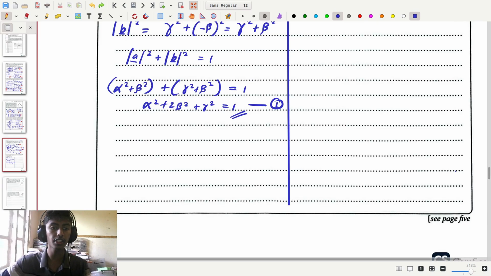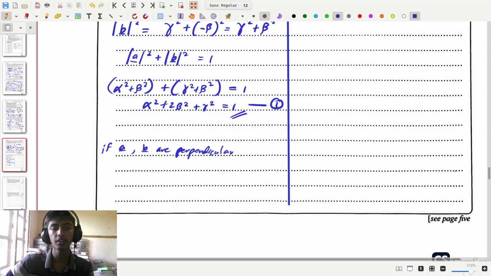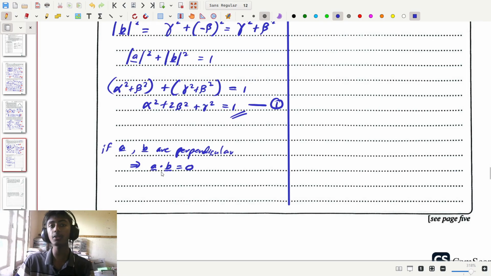So we can say if A vector, B vector are perpendicular, this implies that A vector dot B vector is equal to 0. Now we can use this to our advantage, because if we find A dot B, we can equate it to 0, which will give us another equation in terms of alpha, beta and gamma.